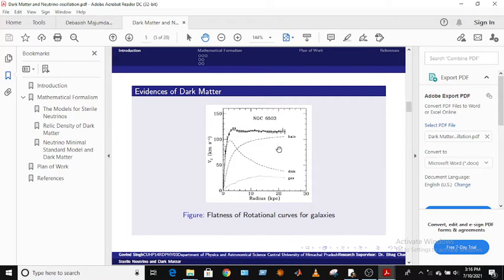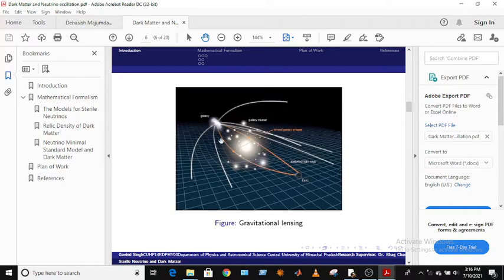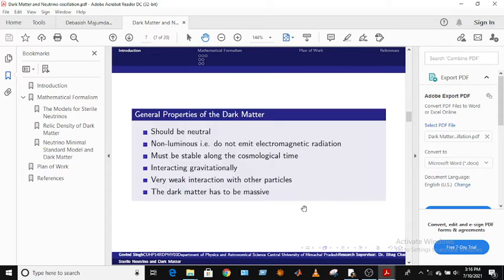Another evidence is gravitational lensing. The space-time fabric is distorted by the gravity of the galaxy. Due to this gravitational lensing, instead of one image, there are two images of the galaxy clusters. This phenomenon is known as gravitational lensing.